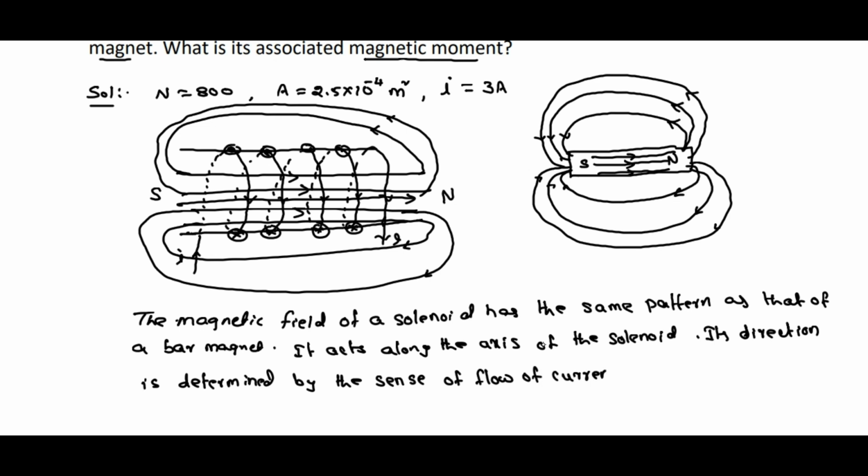Here I have taken the current such a way that it is like this. If the direction of the current is varied, the direction of the magnetic field also varies.